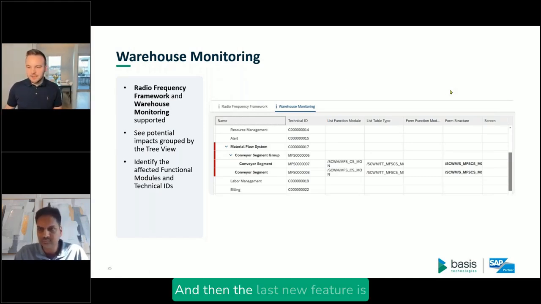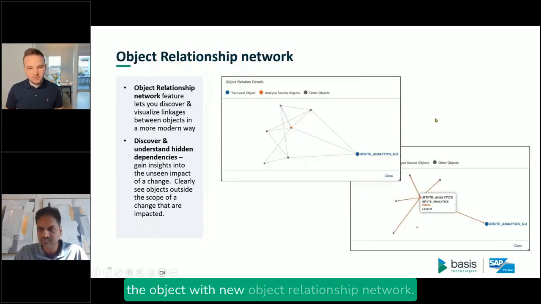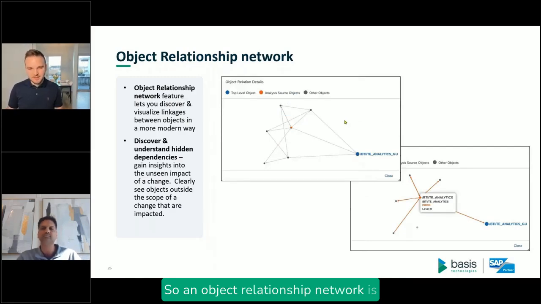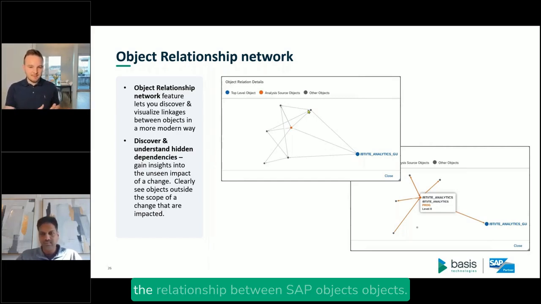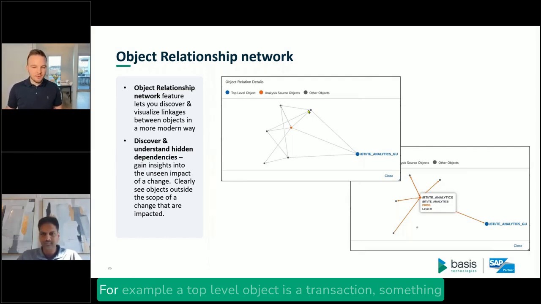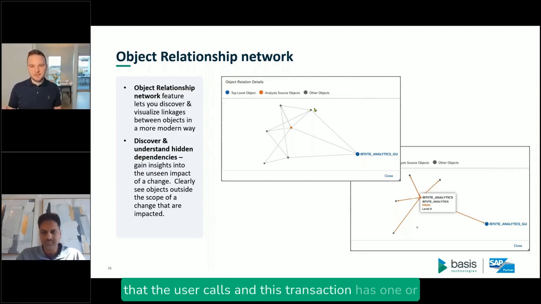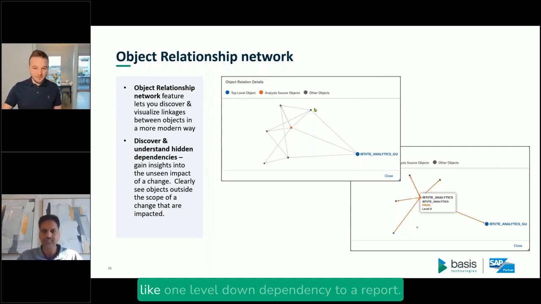And then the last new feature is the new object relationship network. An object relationship network is basically a network which shows you the relationship between SAP objects. For example, a top level object is a transaction, something that the user calls, and this transaction has a one level down dependency to a report.